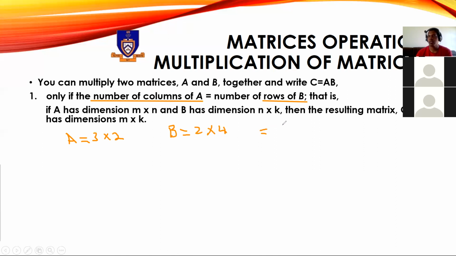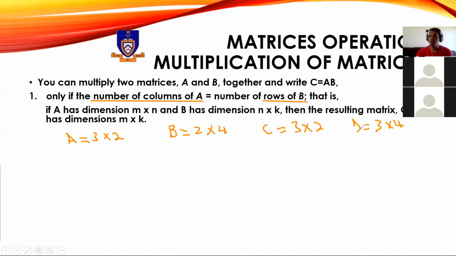Let's say we have a matrix C, which has a dimension of 3 by 2, and another matrix D, which has a dimension of 3 by 4.